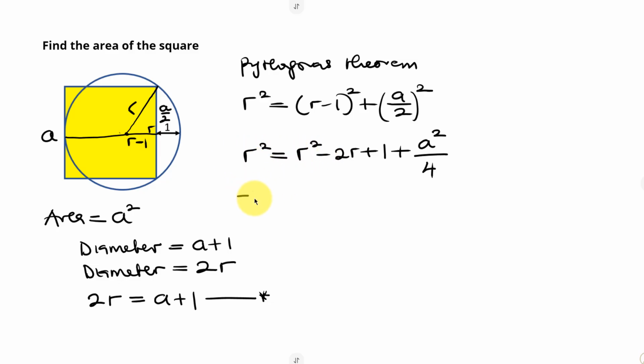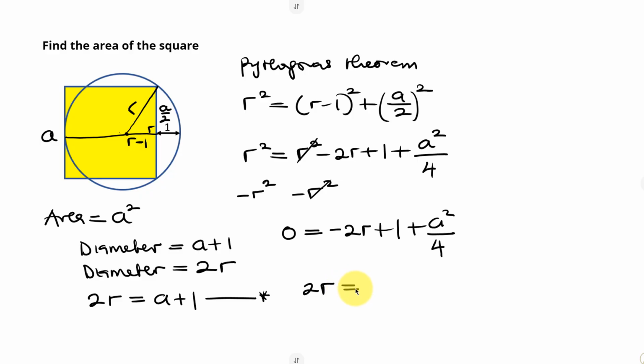So we can subtract r squared from both sides. So r squared minus r squared is 0 on the left. This is equal to r squared minus r squared will be gone. Now we have minus 2r plus 1 plus A squared over 4. Very good. Now I'm going to be moving negative 2r to the left hand side so that it becomes positive 2r. This is equal to 1 plus A squared all over 4.